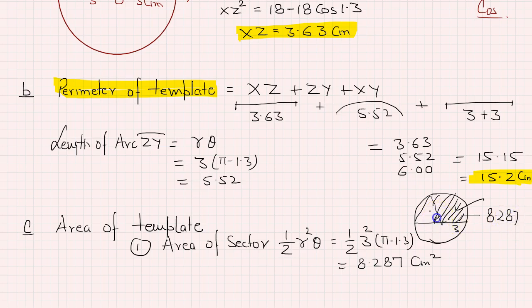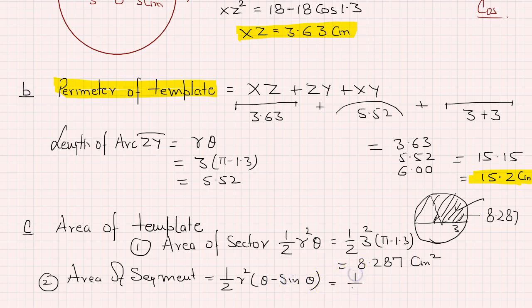Now what is this area? This is a segment now. So second is the area of the segment. We know the formula is half r square theta minus sine theta.